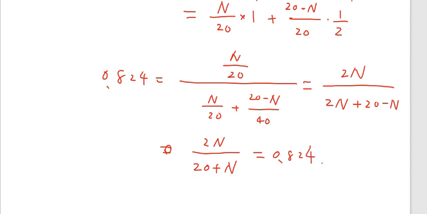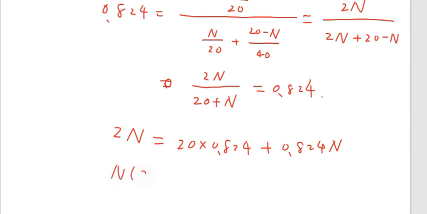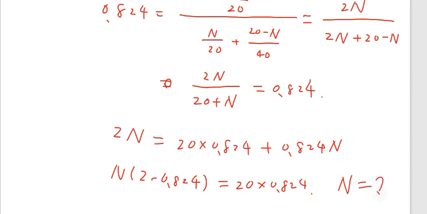Okay, so we can solve for n. Yeah, 2n equals 20 multiplied by 0.824. But anyways, here we can easily find this n, right?